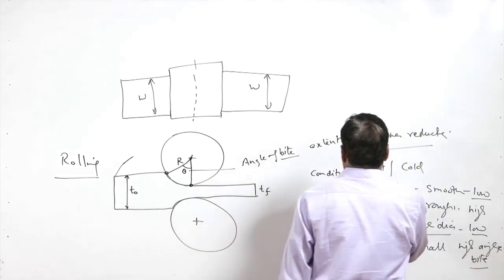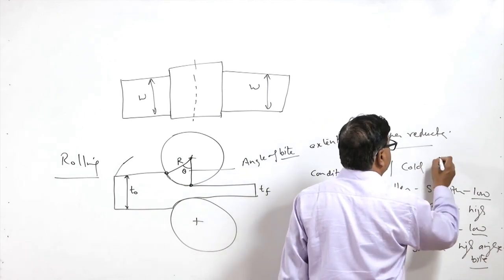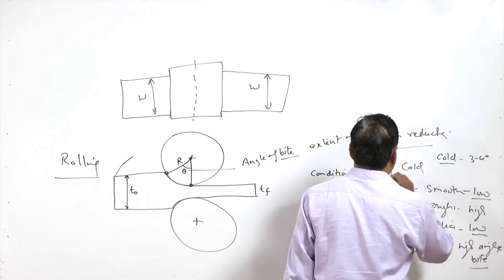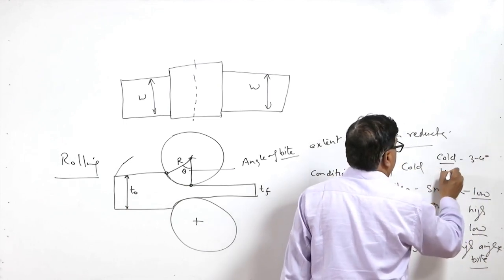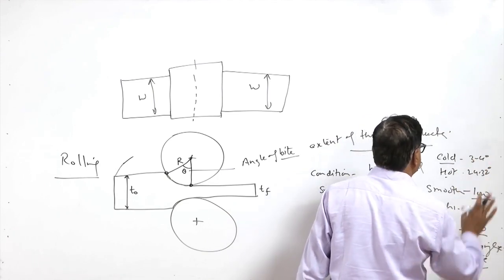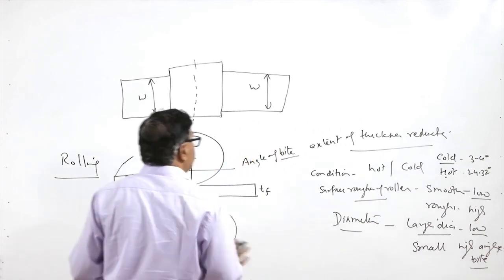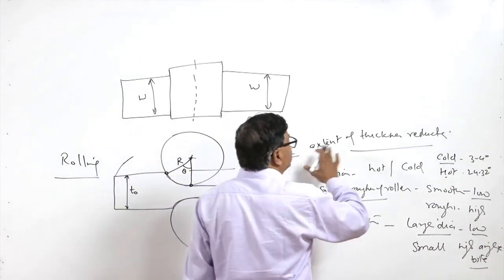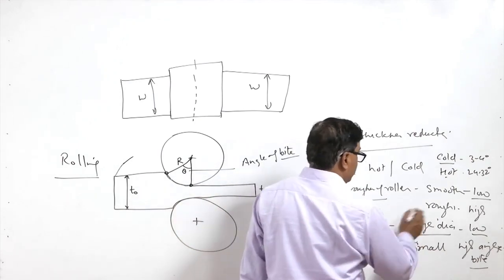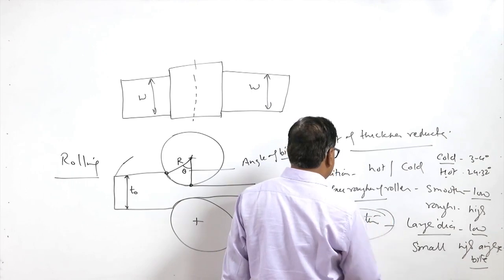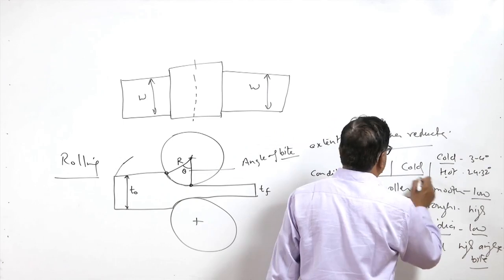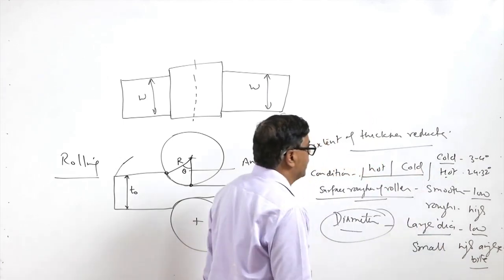So, in hot and cold rolling, the angle of bite for cold rolling is very low, like 3 to 4 degrees, but for hot rolling it is very high, maybe like 24 to 32 degrees. The angle of bite determines the extent of reduction, which in turn is influenced by the diameter of the rollers, the surface roughness of the rollers, and the condition or temperature of the metal in which rolling is being carried out.